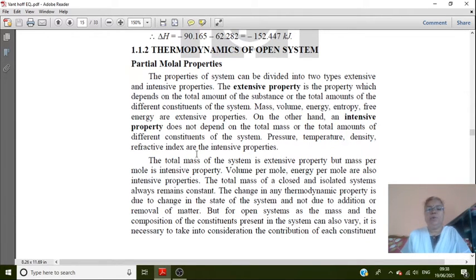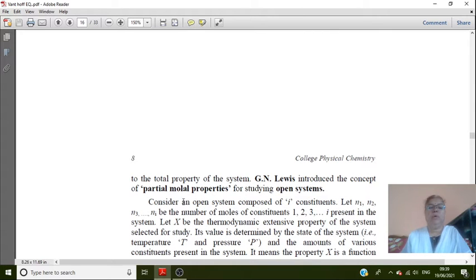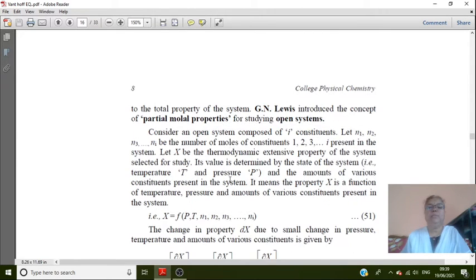In the case of an open system, as the mass and composition of the constituents present in the system can also vary, it is necessary to take into consideration the contribution of each constituent to the total property of the system.